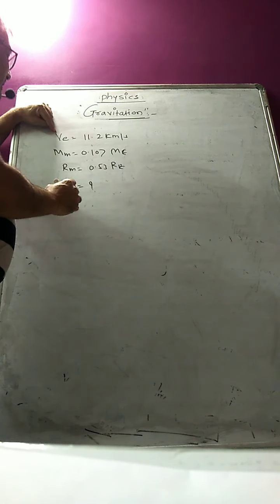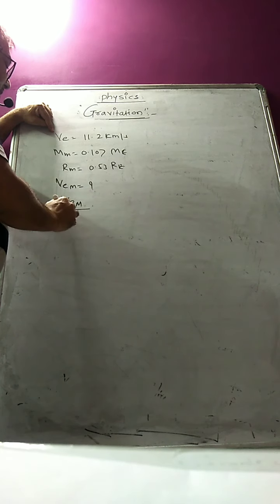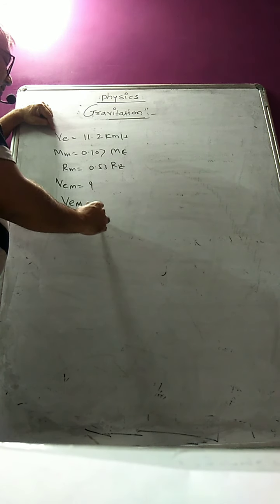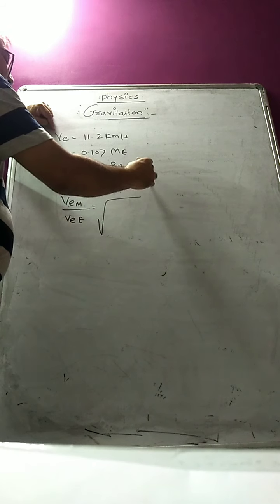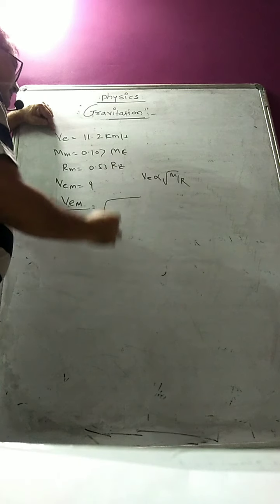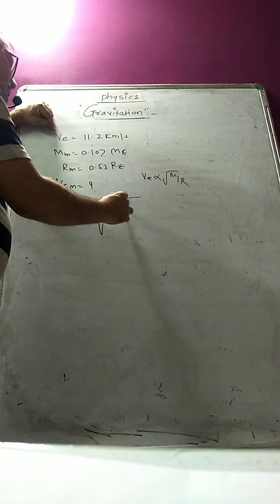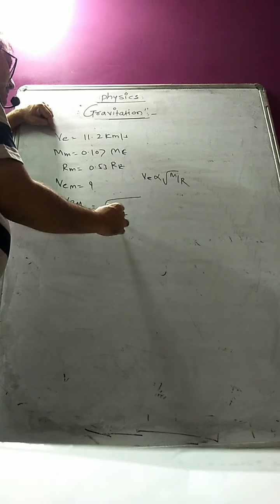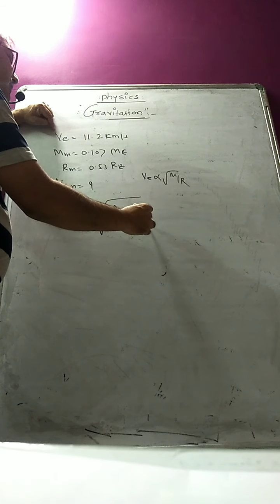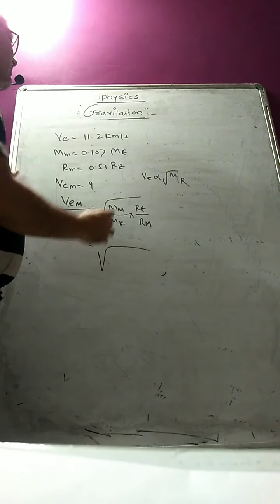So chalo, we have to calculate the escape velocity of Mars to the escape velocity of the Earth, so what will be the formula? Escape velocity is proportional to root of M by R. So that will be the mass of Mars upon mass of Earth into radius of Earth upon radius of Mars. मुलांनो mass किती होतं?